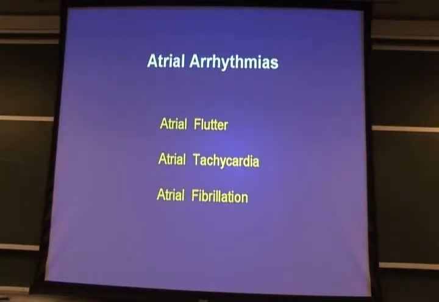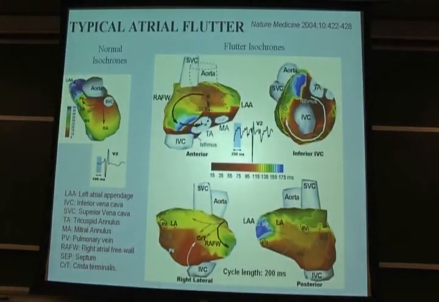That's clear, because as the population is aging, this is a disease of old age, 70 and older, and a high percentage of the population suffers from atrial fibrillation. It's debilitating. It's not life-threatening most of the time, but it could cause, for example, thromboembolisms and stroke, but it's a debilitating disease. So here's a case of atrial flutter.